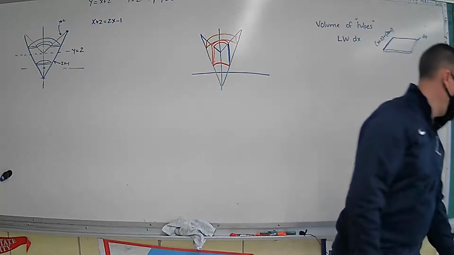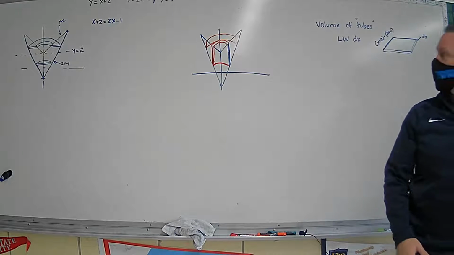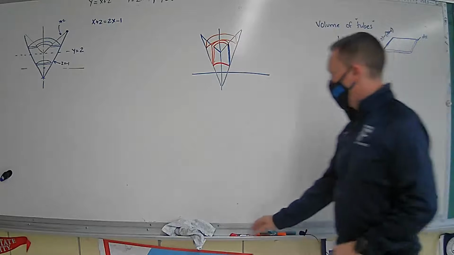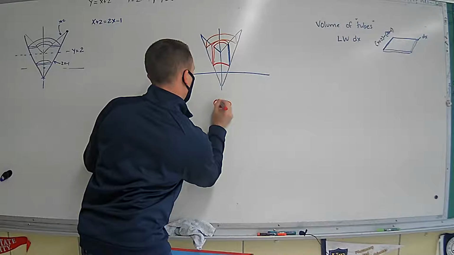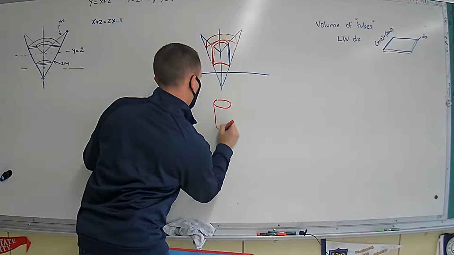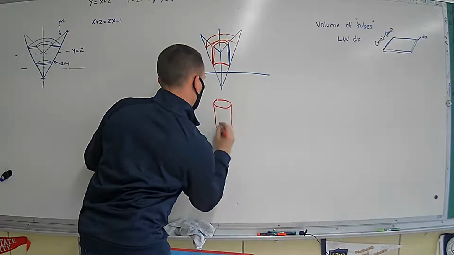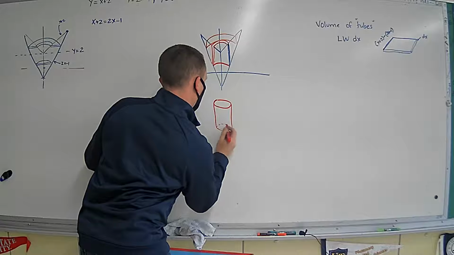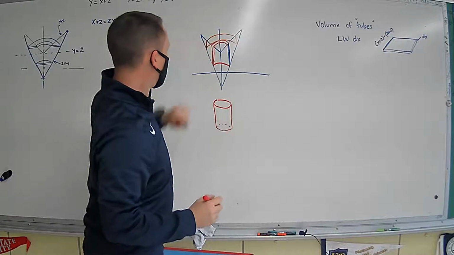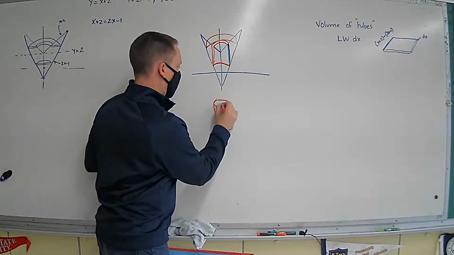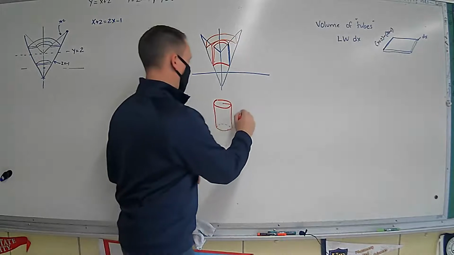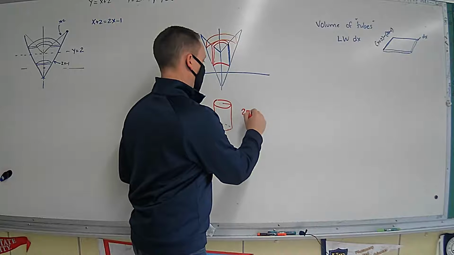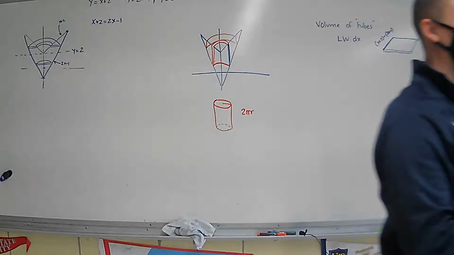No. Okay. So what is the circumference of that circle? Well, if I think about that cylinder right there, the circumference of that circle is just 2 pi r, right?